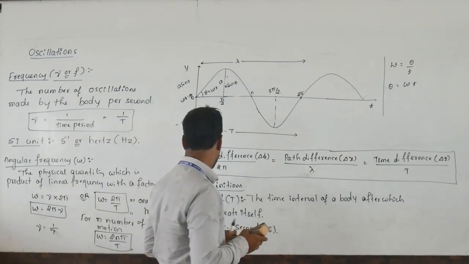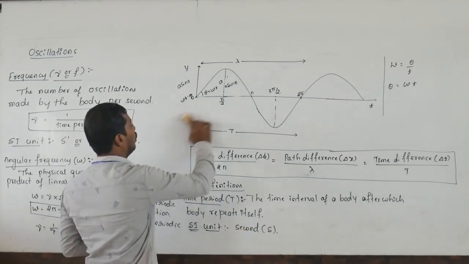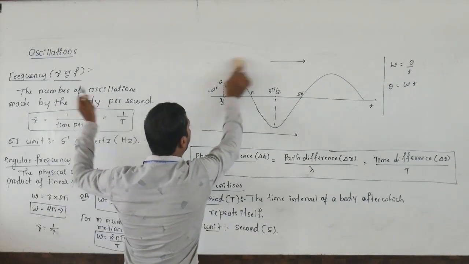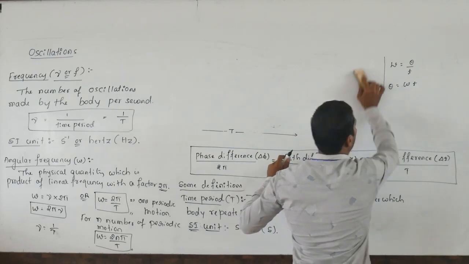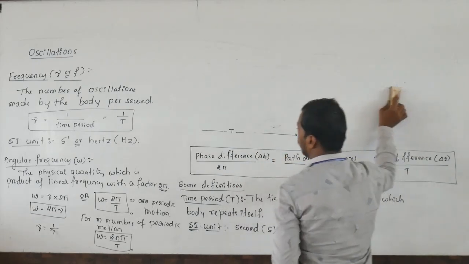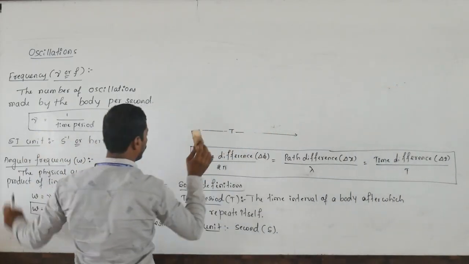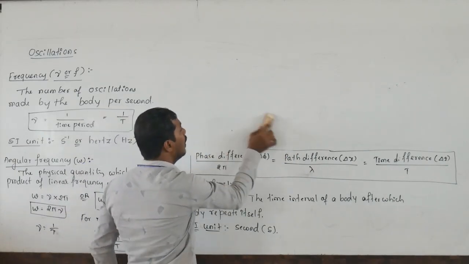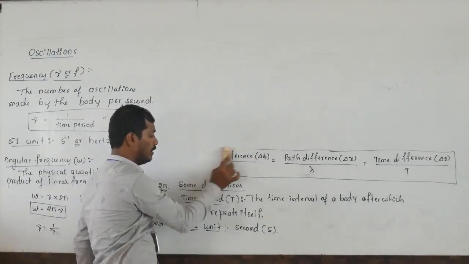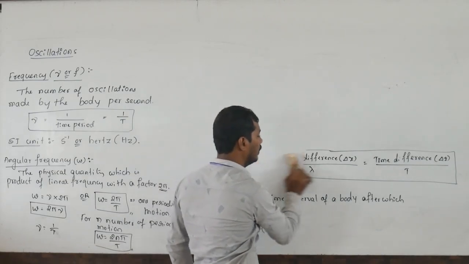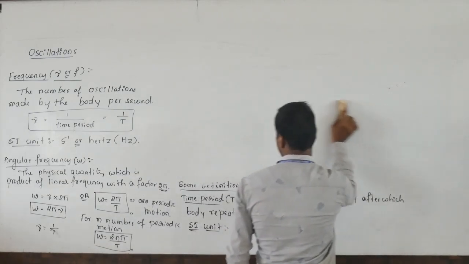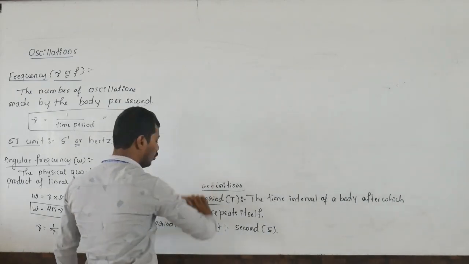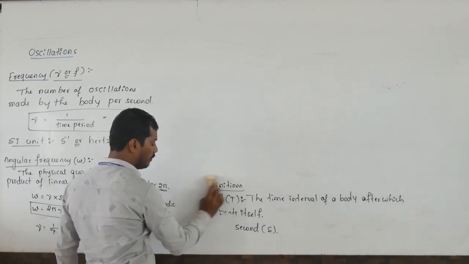Last part of today is non-harmonic oscillation. What does it mean? The harmonic oscillation is expressed in terms of a single harmonic function, and non-harmonic oscillation does not explain in terms of a single harmonic function. It means two or more than two harmonic functions are there.